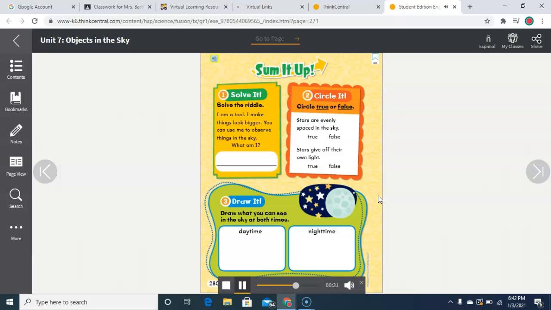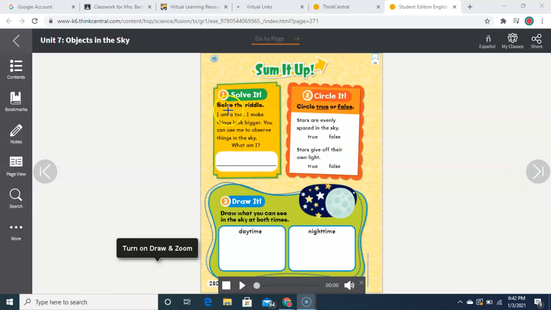True, false. Stars give off their own light. True, false. 3. Draw it. Draw what you can see in the sky at both times. Daytime, nighttime. Okay, so we're going to start at number 1.